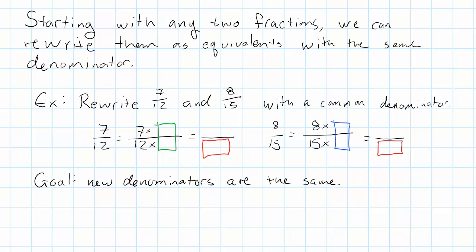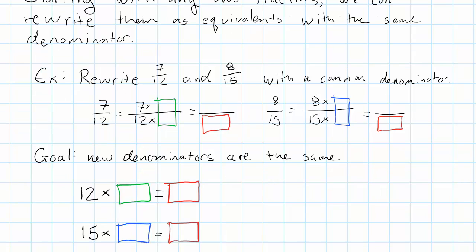So we're going to need to be able to say 12 times the number in green is the number in red, and at the same time 15 times the number in blue is the number in red. Alright, numbers like the one in red. We have a word for numbers that are 12 times something.